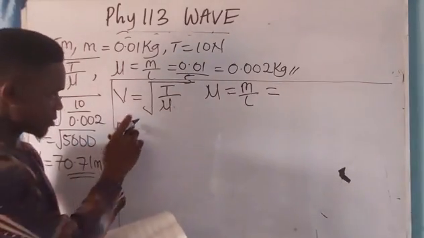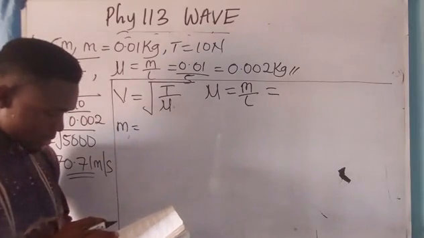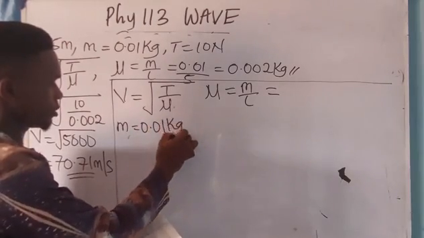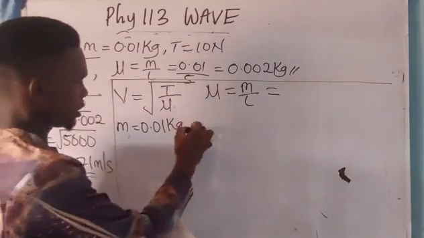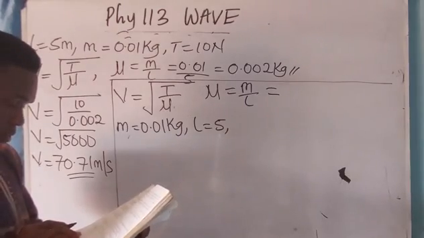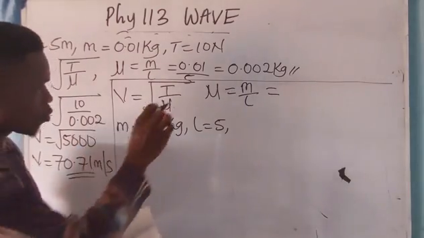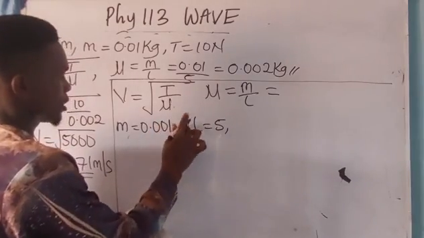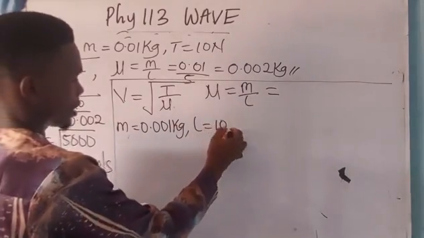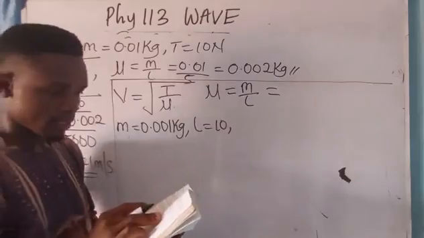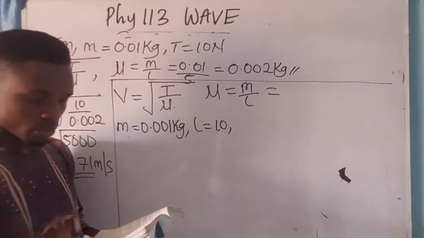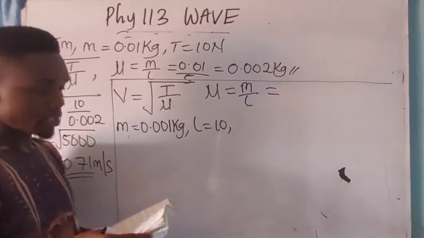The mass is 0.001 kg. Length is 10 and speed, velocity, is what? 200 meter per second.